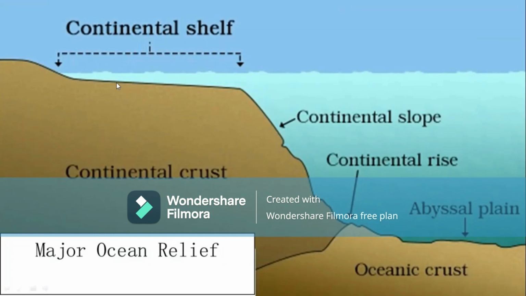The slope is very gentle; it is not a very steep slope, it is sloping down. It is gently sloping and generally the gradient is not more than 1 degree. Sometimes it is even less.